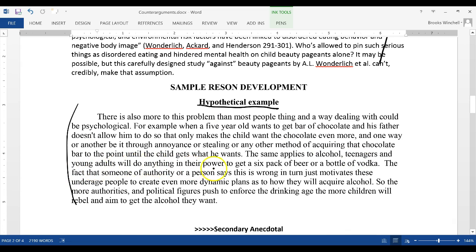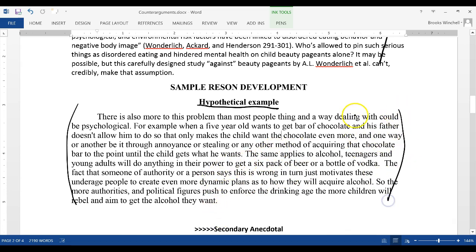Teenagers, young adults will do anything in their power to get a 6-pack of beer or a bottle of vodka. The fact that someone of authority or a person says this is wrong, in turn, just motivates these underage people to create even more dynamic plans as to how they will acquire alcohol. So the more authorities and political figures push to enforce the drinking age, the more children will rebel and aim to get what they want.